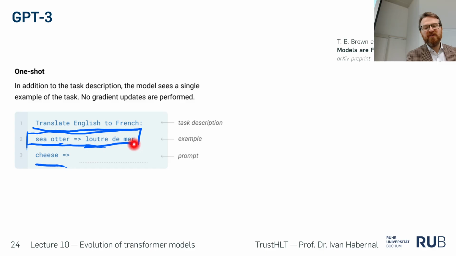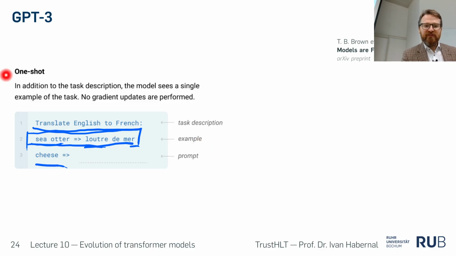You don't actually expect the model to learn translation, but you're showing it what you expect from the model. What should the input-output pairs look like. But you're assuming the model already knows the task. So the model should already know machine translation.